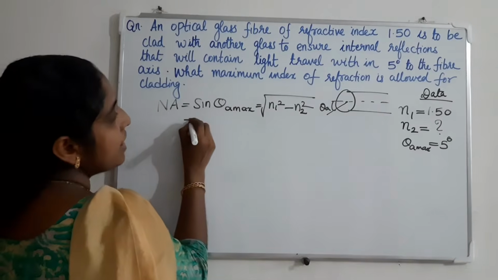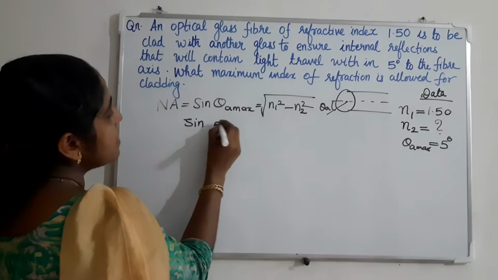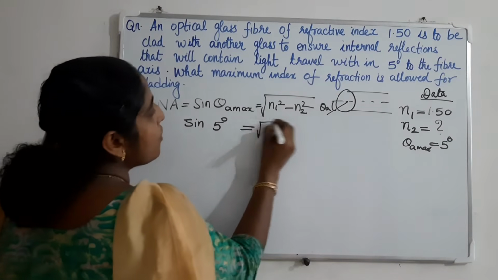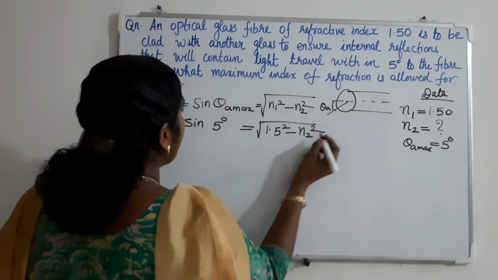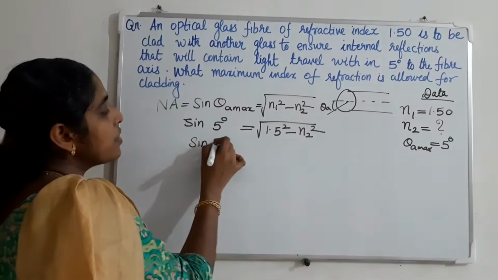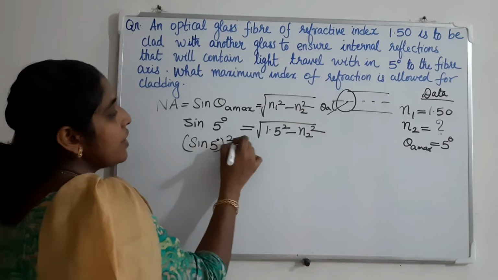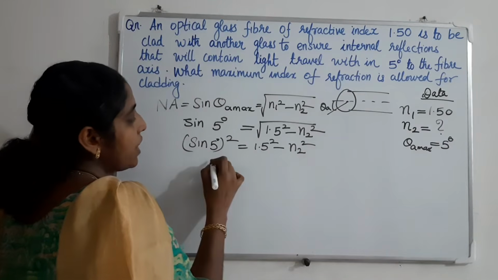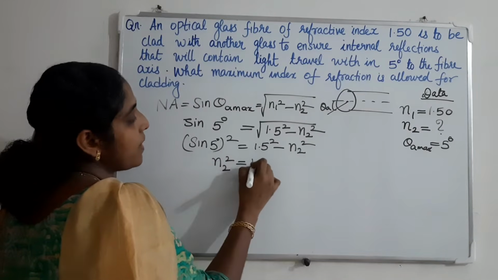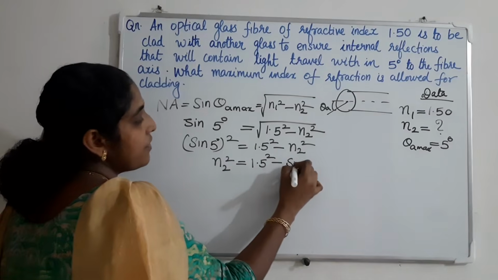That is, sin 5 degree is equal to root of 1.5 square minus N2 square. We can square it to remove the root: sin 5 degree square is equal to 1.5 square minus N2 square, or N2 square is equal to 1.5 square minus sin 5 square.